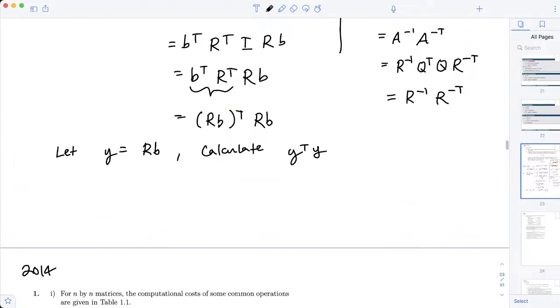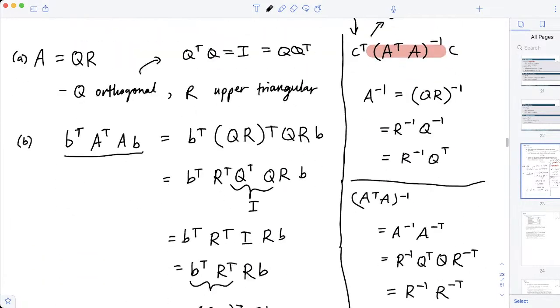Let's say, okay, this is really messy, let's just copy that down here.